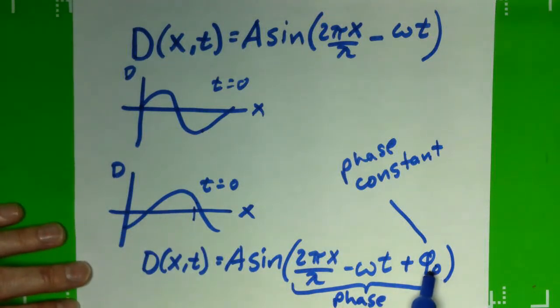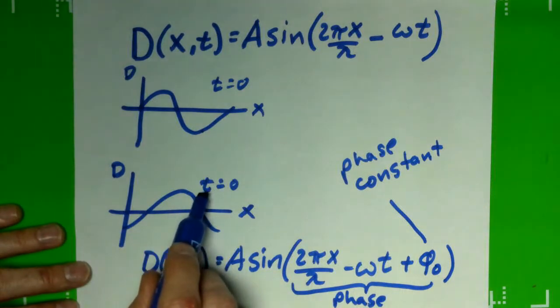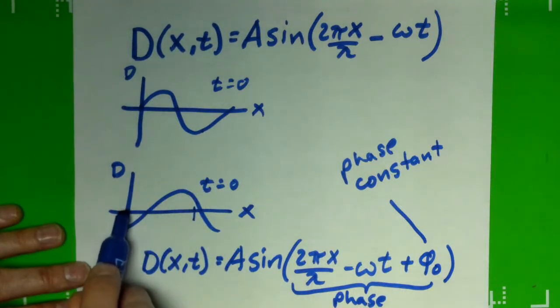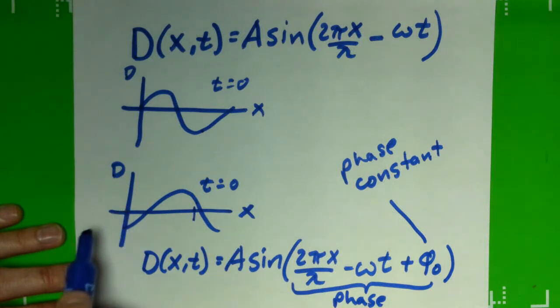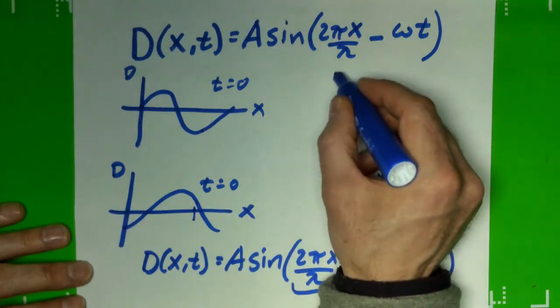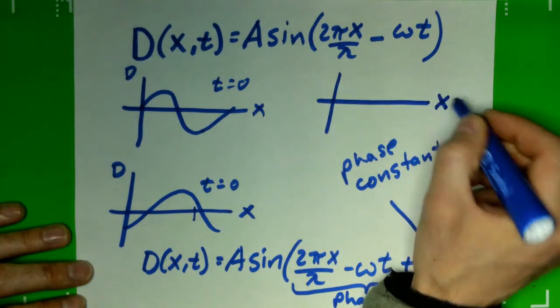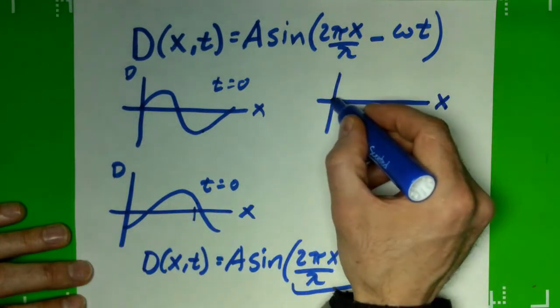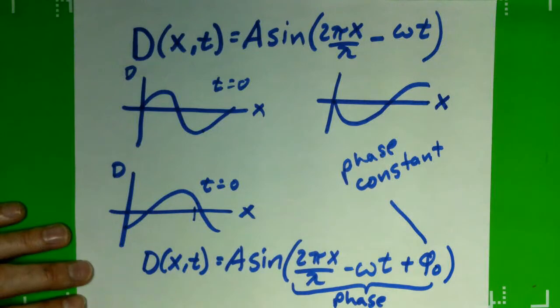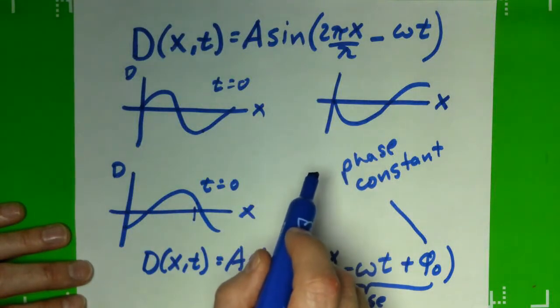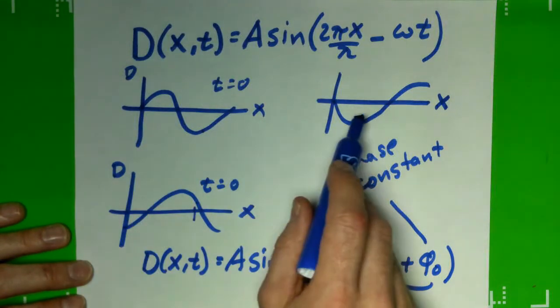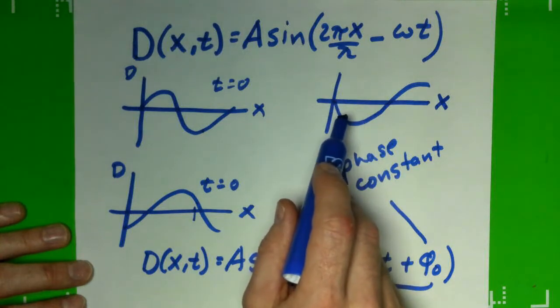So the phase constant is non-zero if at t equals 0 the wave is not coming out of the origin. Well, let me be a little careful there. There's one case that may sound like I'm lying. What if I'm like this? That's coming out of 0, but it's coming out upside down. That's actually a phase of pi.